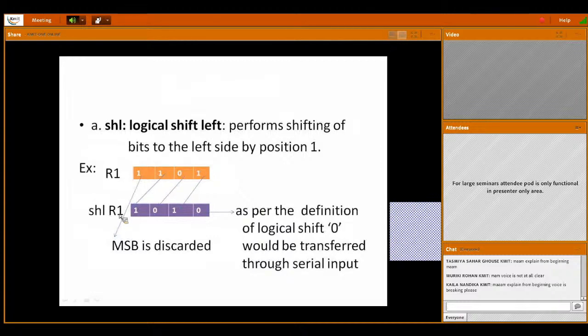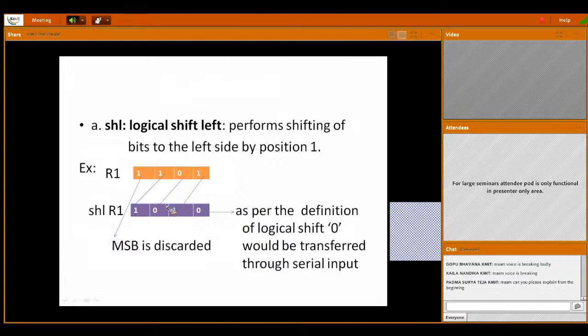As per this definition of logical shift, the bits of the register are transferred one by one.